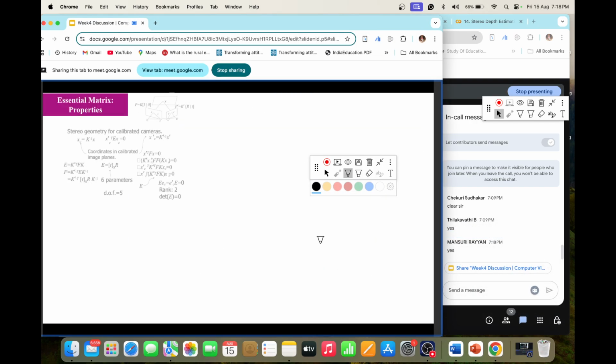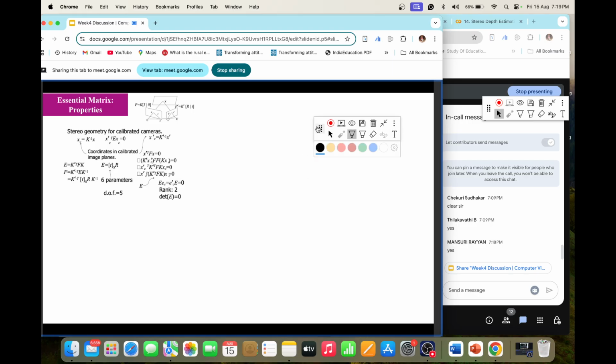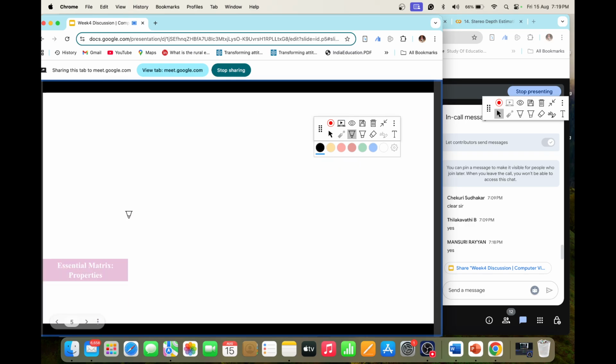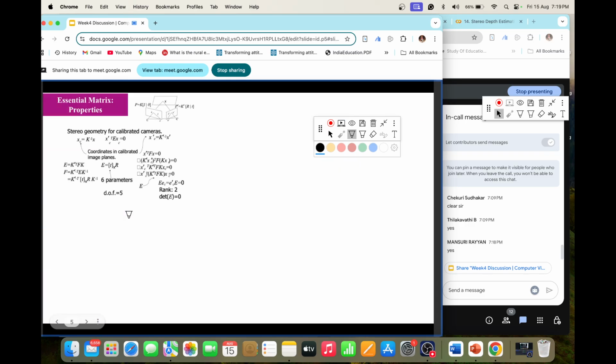So let's move on to the next thing, that is the essential matrix property. Previously we discussed fundamental matrix properties. Now we will be discussing essential matrix properties. How many parameters will the essential matrix have? The essential matrix is written in this form, E equals t cross R. So t cross will have 3 parameters and R will also have 3 parameters.